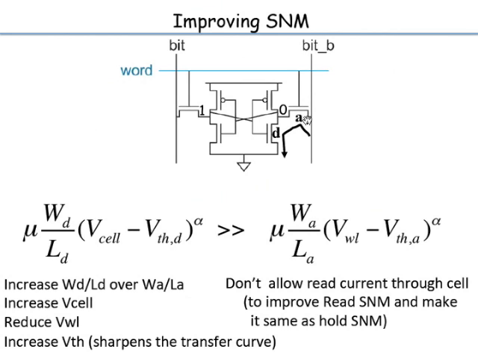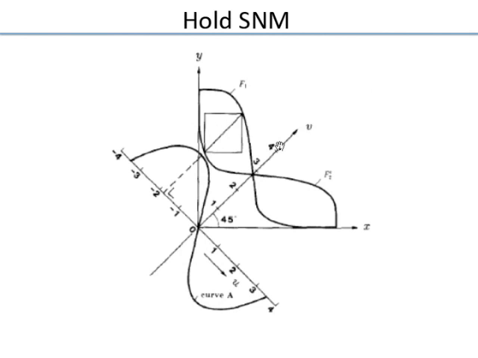That current will be smaller and it will take longer to discharge the bit line. Things will slow down. And we'll also see when we do the write, it can degrade the write noise margin. So there's a two-sided constraint. Then you can increase the threshold voltages. See, when these are leaky, these curves will be a little sloppy, but when there are large threshold voltages, you'll have nice rectangular looking curves.